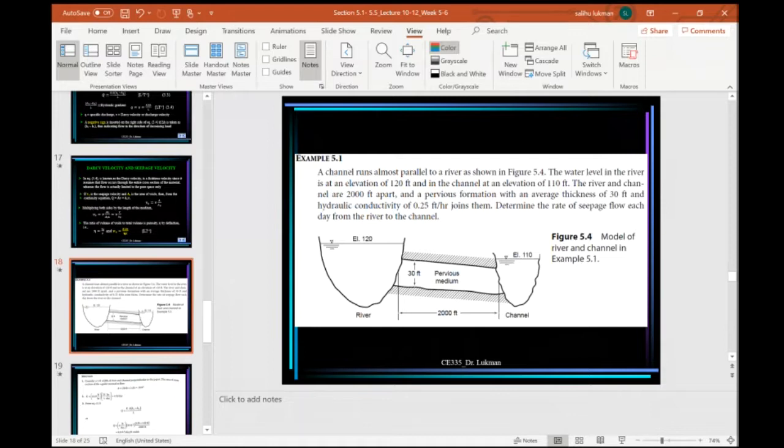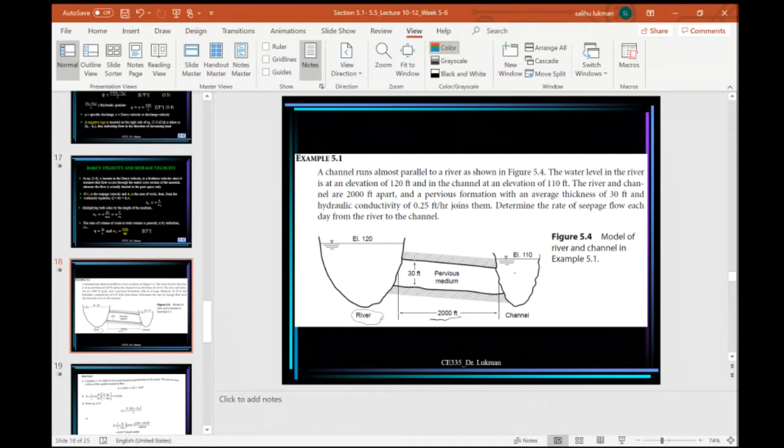The water level in the river is at an elevation of 120 feet, and in the channel the water level is at an elevation of 110. The river and channel are 2,000 feet apart, the distance of separation between them.